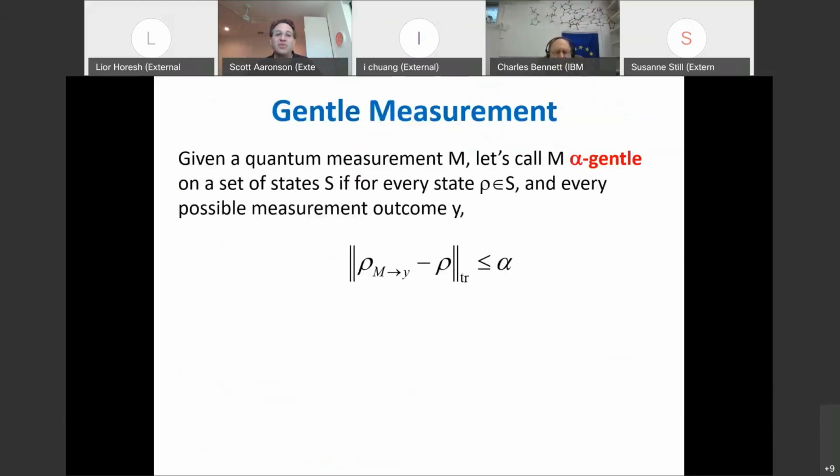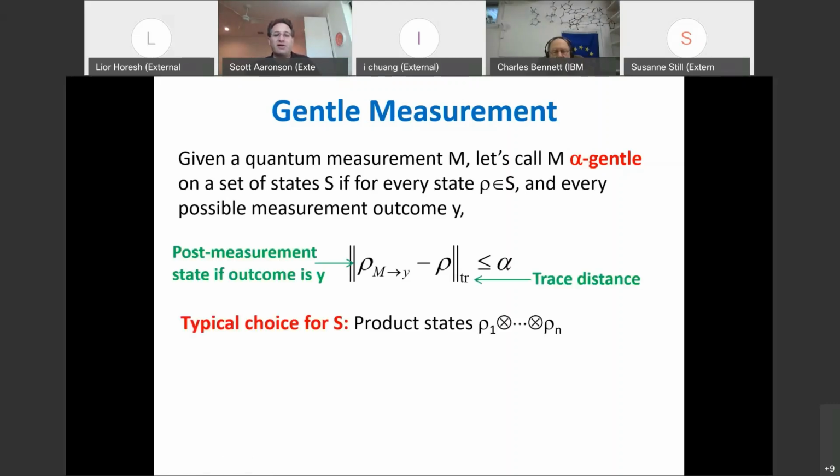First of all, by a measurement being gentle on a set of states, let's say we've got a measurement M, I call it alpha-gentle on a set of states S if for every state rho in that set, and for every possible outcome Y of the measurement, the post-measurement state, the state that's left over if I condition on the outcome Y, has a trace distance at most alpha from my original state rho.